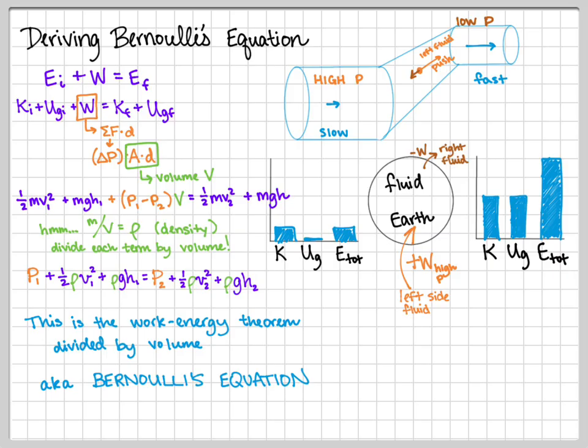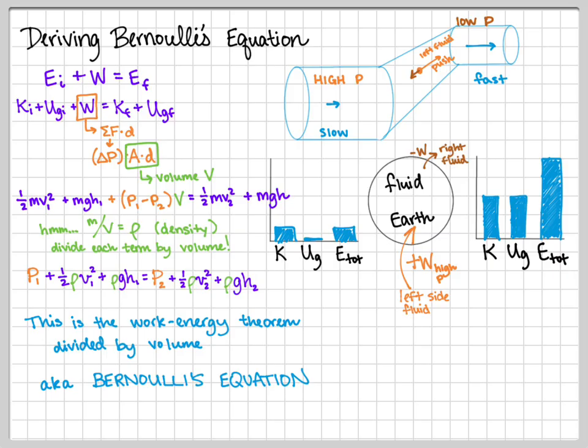Effectively, you have your pressure difference that's doing work, and then you have not your full kinetic energy, but your kinetic energy divided by volume. And then your gravitational potential energy, except it's divided by volume. So it's in terms of density, instead of just plain mass. So that is hopefully familiar to you. We've just put a little costume on it by dividing by volume.